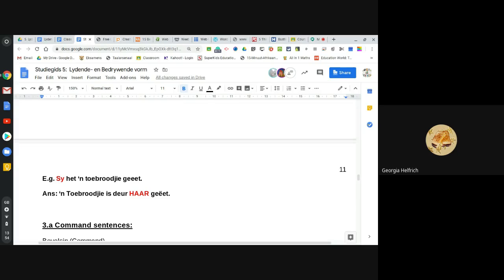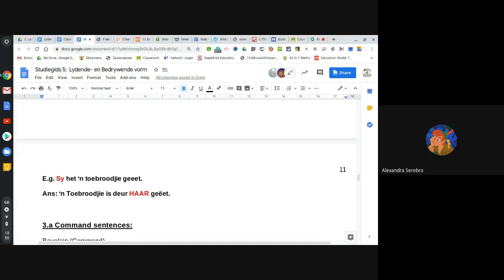Sy changes to haar. Okay. The tense, if you look at the sentence, what's the tense? Past tense. Okay, and I have the word. What past tense word? Het. Which is very ironic because in the past tense for lydende vorm, het is going to change to what? Is. Yeah, which is very strange.